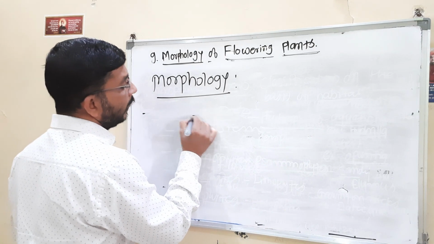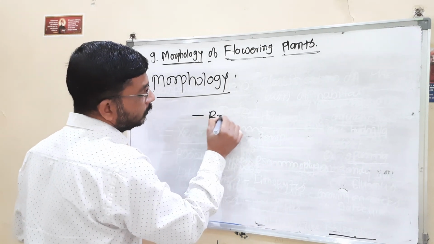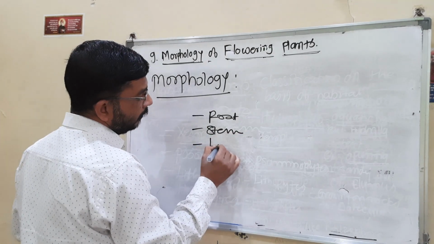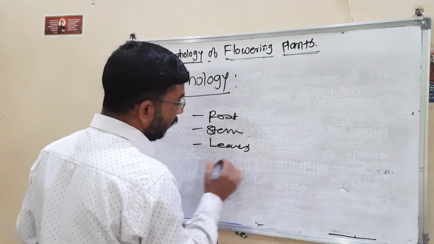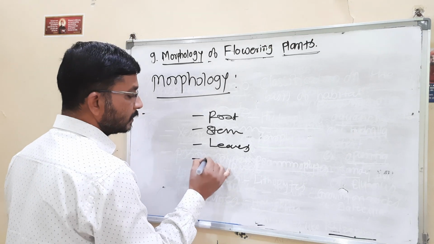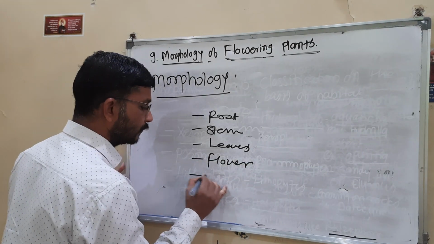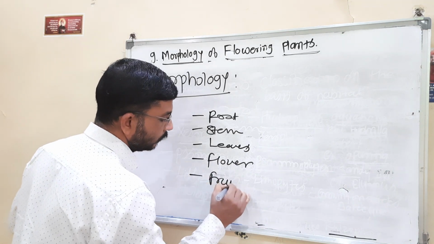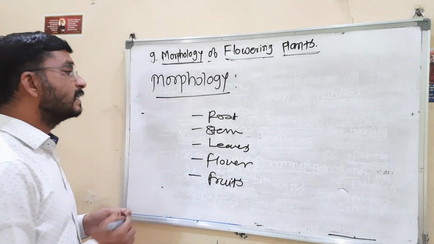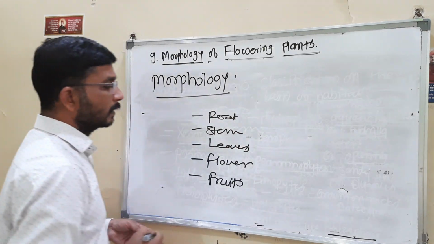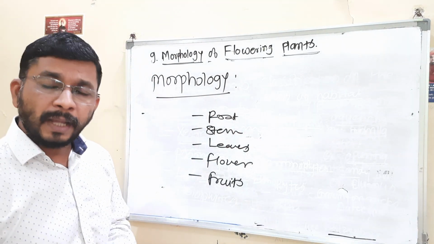Morphologically, a plant shows root, stem, leaves as vegetative parts, then reproductive structures, flower, and the last one, fruits. All these are considered morphological characters of a particular plant.